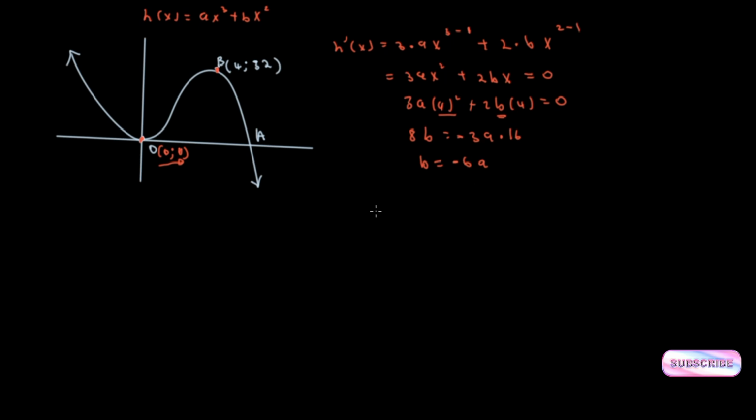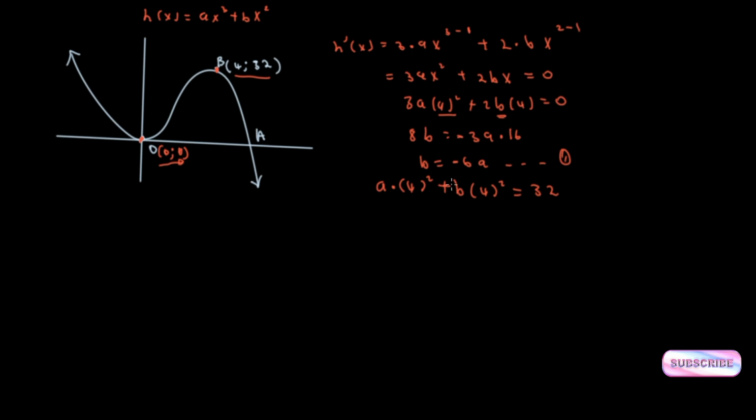Now let's call this equation 1. What can we make equation 2? For equation 2, we use the original equation, so we substitute a given coordinate, since this coordinate is on our function. So let's say a multiplied by 4 cubed plus b multiplied by 4 squared will give us 2.